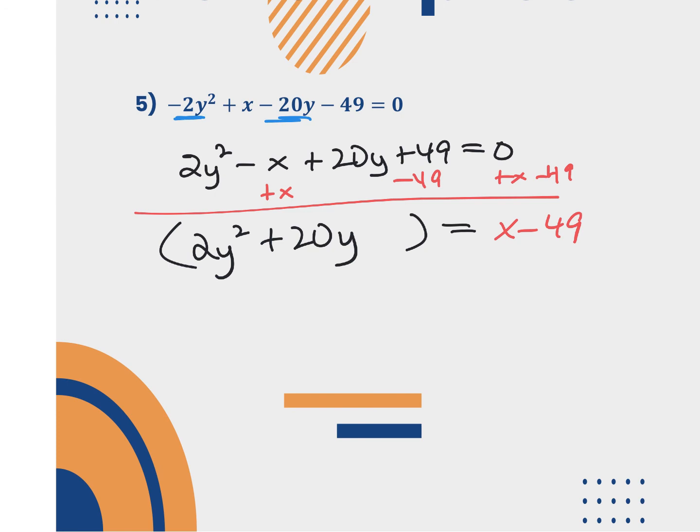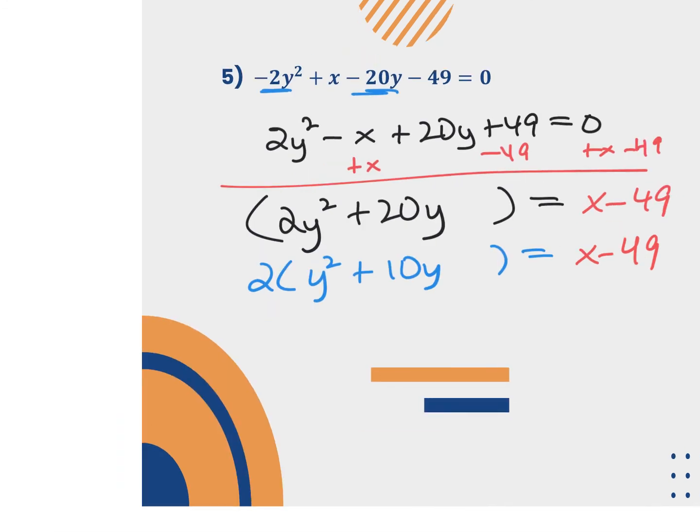I need to complete the square. However, remember the number in front of the squared term has to be a 1. So I divide everything by 2 first. y squared plus 10y, leave a blank space, and then I still have the x minus 49 over here. So now I need to take the b term, divide it by 2 and square it.